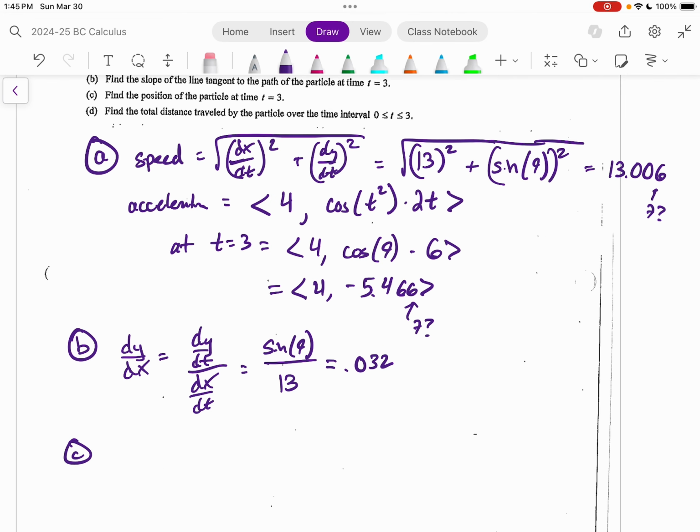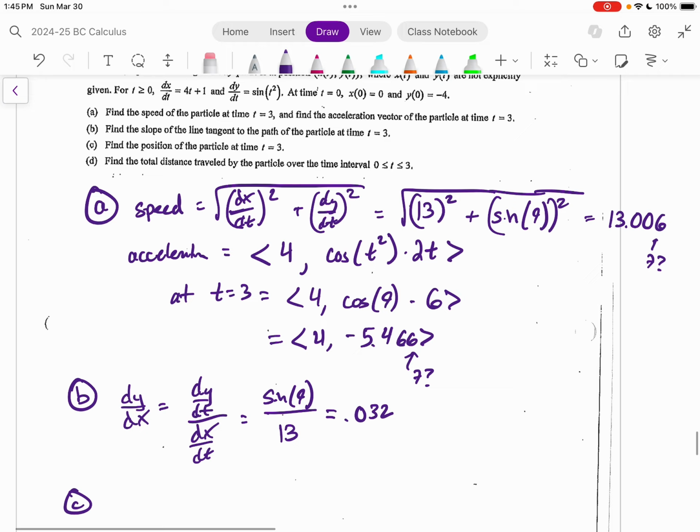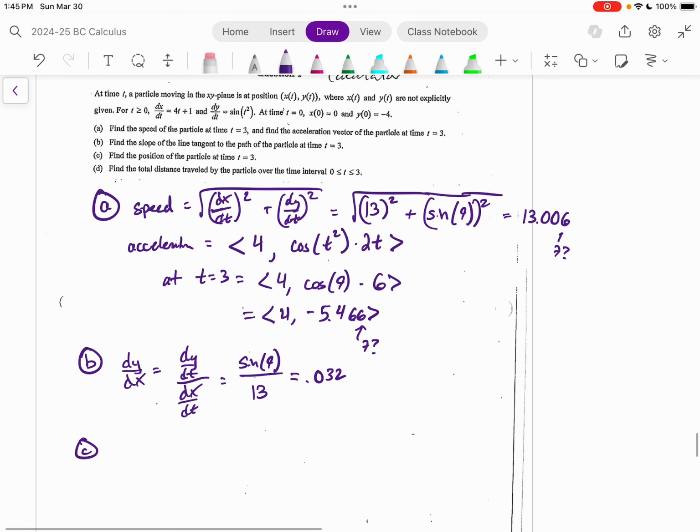Okay. Find the position of the particle at time t equals 3. So now we need to use our knowledge of the fundamental theorem, right? And so we sort of have two problems here, right? And we know that the integral from 0 to 3 of dx/dt, well, this is going to be equal to the antiderivative of dx/dt, which is just x, right?